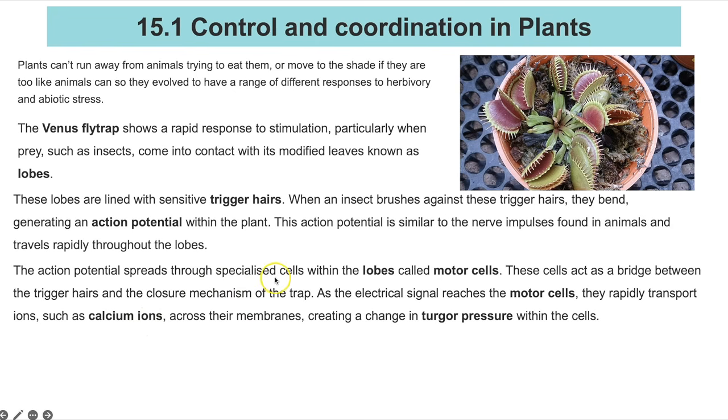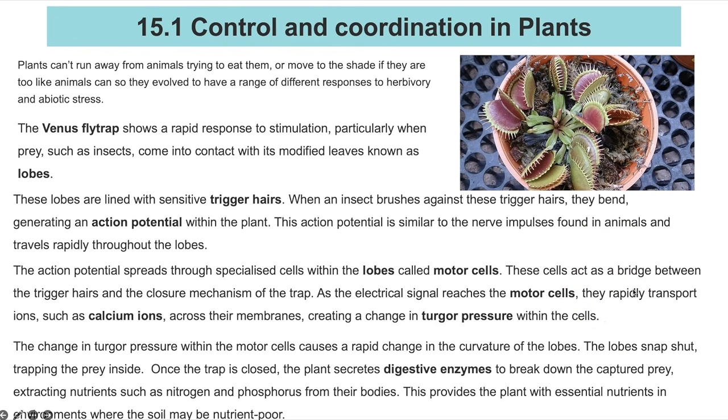The action potential spreads through specialized cells within the lobes called motor cells, and these cells act as a bridge between the trigger hairs and the closure mechanism of the trap. And as the electrical signal reaches the motor cells, they rapidly transport ions, such as calcium ions, across the membranes, creating a change in turgor pressure of the cells. And that change in turgor pressure within the motor cells causes a rapid change in the curvature of these lobes.